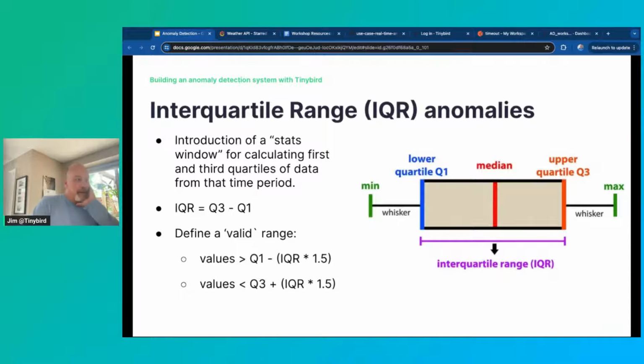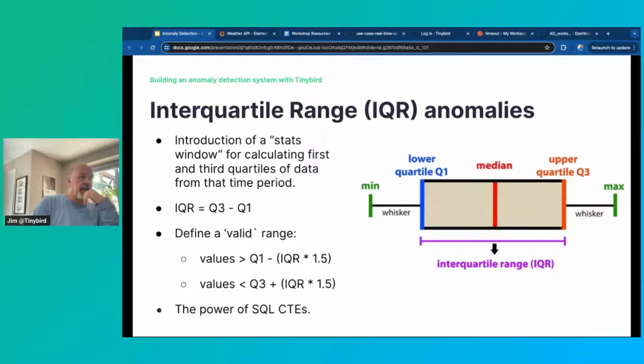And same, any values that are under Q3 plus this buffer of the IQR times 1.5. So it gives you this range that's considered valid. And anything outside this range, of course, is flagged as an anomaly.